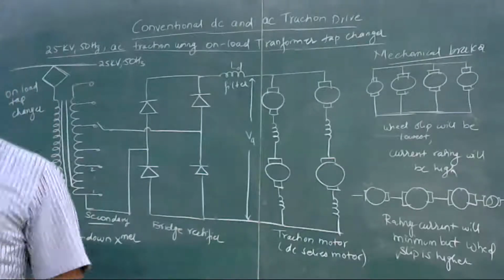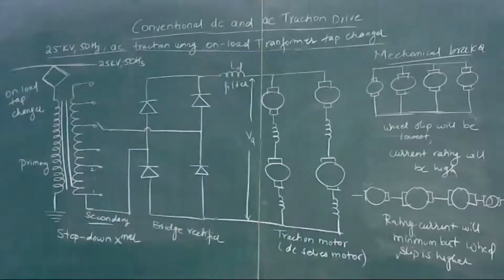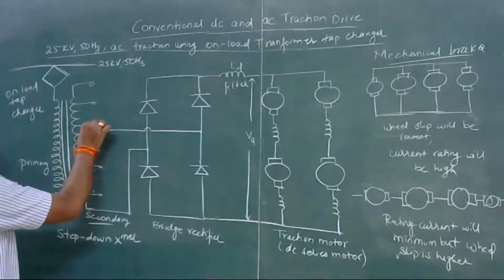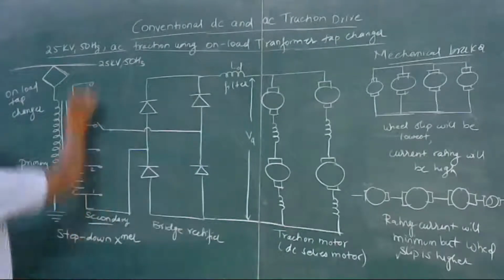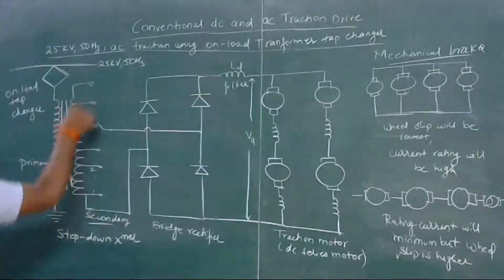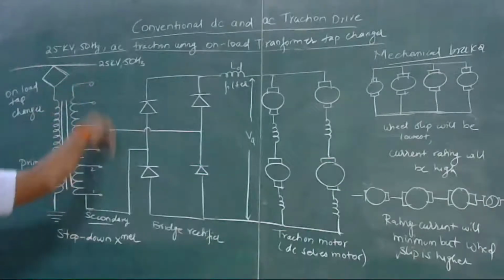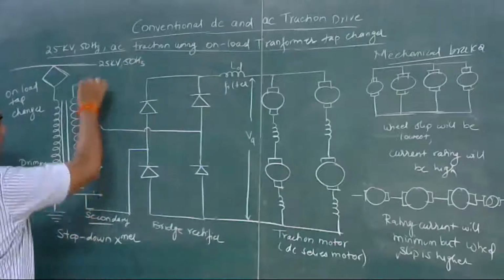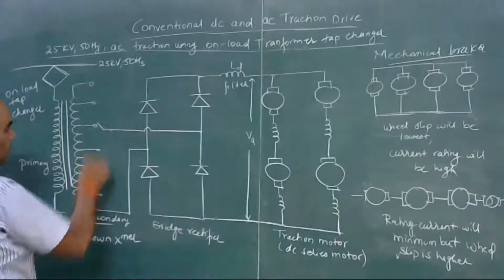Okay, so this topology has got many disadvantages. First, we are using this on-load tap changer. It has moving parts and this whole part is immersed in oil. So this requires periodic maintenance.